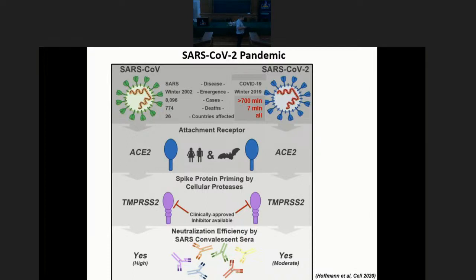Some bonds should be cleaved by proteases to activate the virus. Also, as in previous cases, antibodies from convalescent serum could be used to treat the infection immediately after disease start and make the patient feel significantly better in a short time.